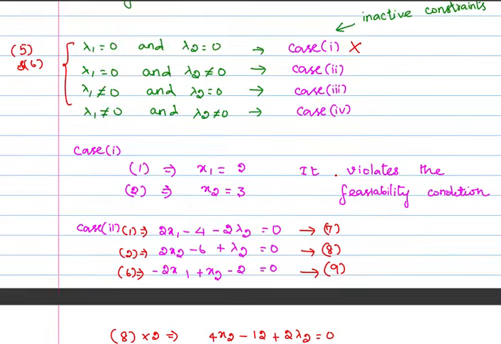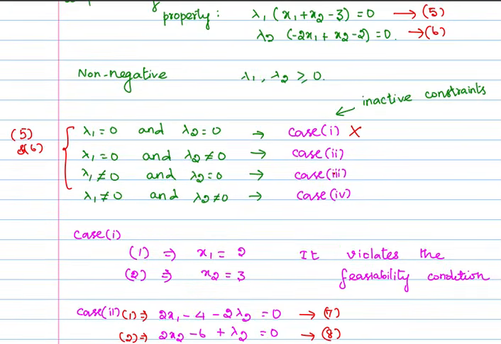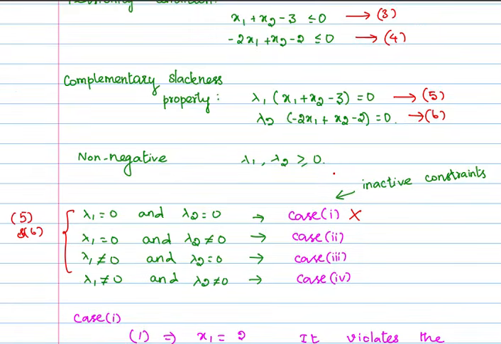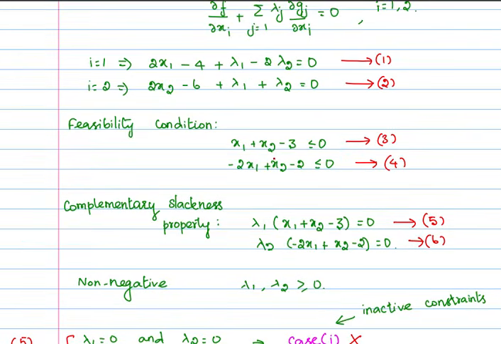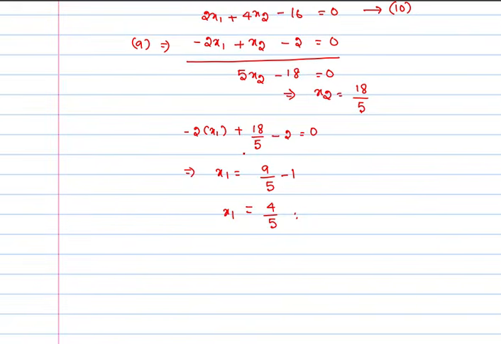So x1 is 4 divided by 5 and x2 is 18 divided by 5. It does not satisfy again, correct? One of the conditions is that x1 plus x2 minus 3 is less than or equal to 0. This becomes more than 3, so 22 divided by 5 minus 3 is beyond.